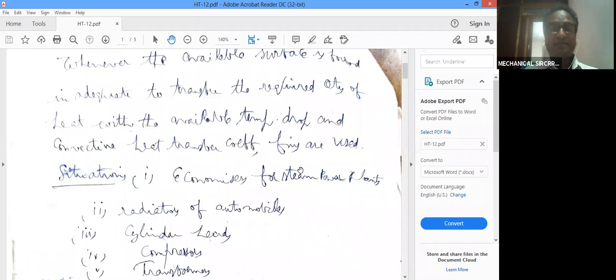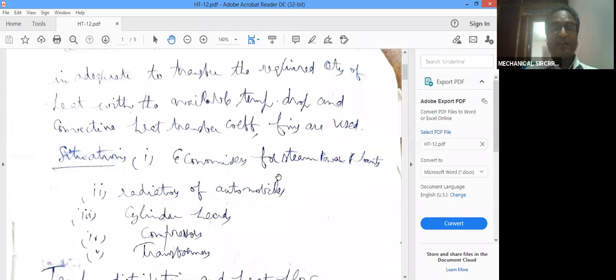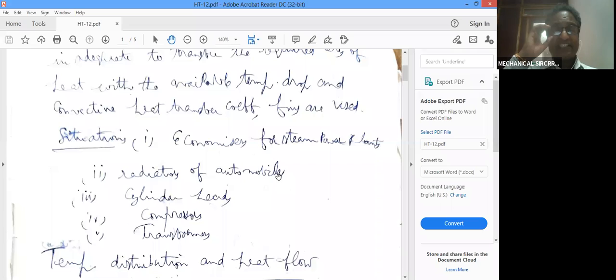That's why you provide fins. By increasing the surface area with fins, you can remove more heat from the engine, for example from the IC engine, radiators and transformers.